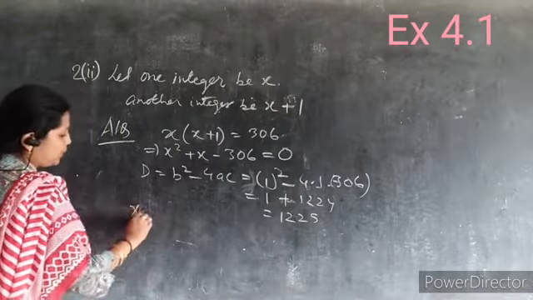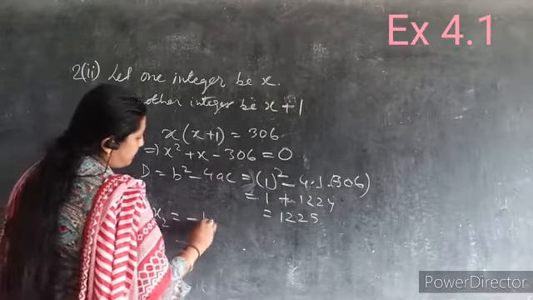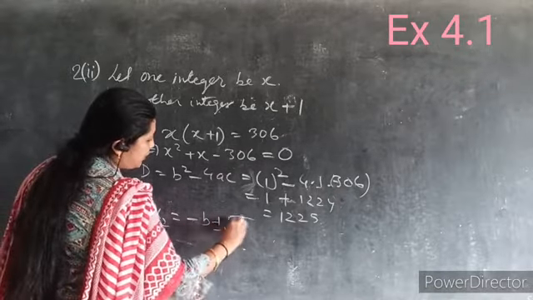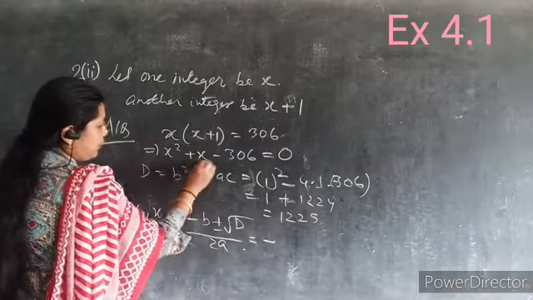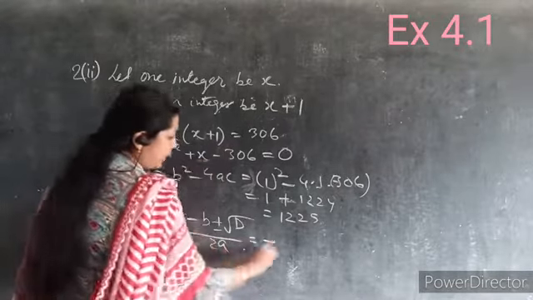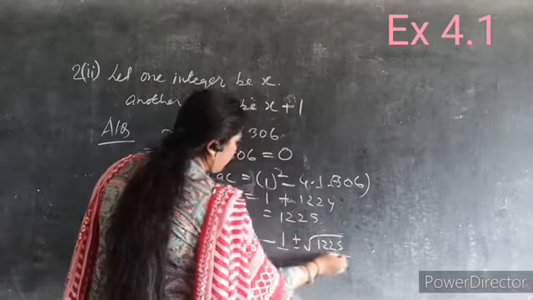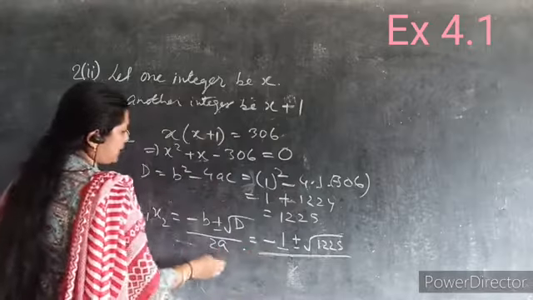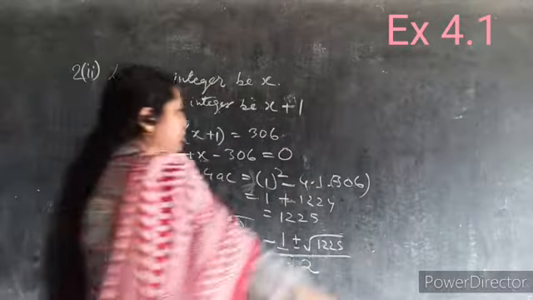So what will be the rule? Minus b plus minus root of b square minus 4ac upon twice a. So minus b value is 1, coefficient of the second part is 1, plus minus root 1225 upon twice a, that is 2. Isn't it?